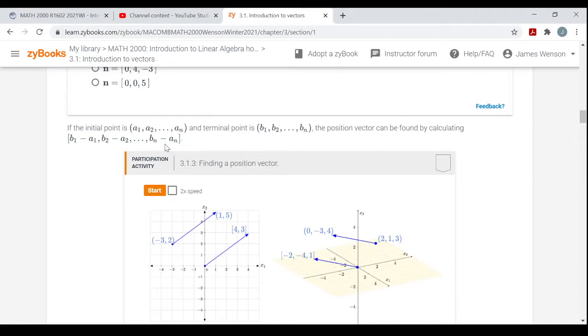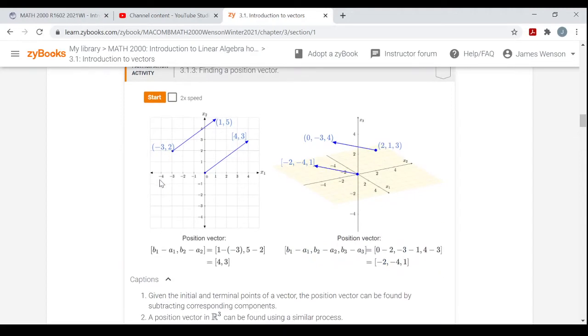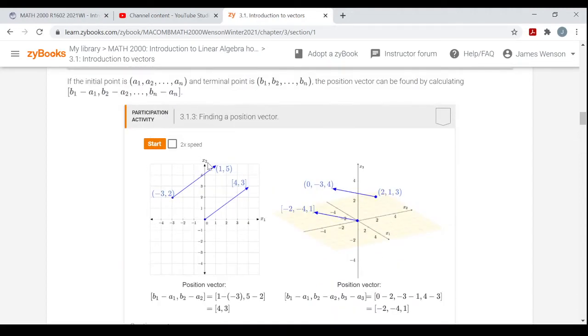So it's always terminal minus initial. Always terminal minus initial. So I'll do this. You can look at the three-dimensional one. I'll draw this two-dimensional one up on a piece of paper, and we'll figure the components out.